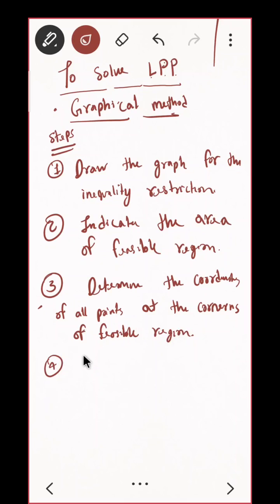And the last is to find the value of the objective function at the corner points. Then you can get the maximum value.